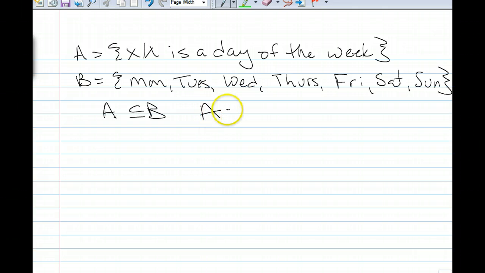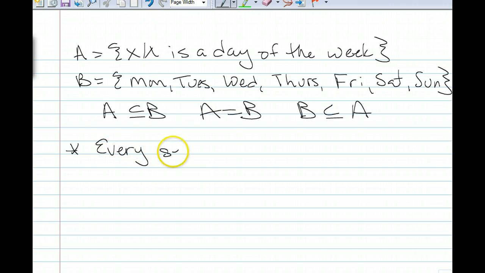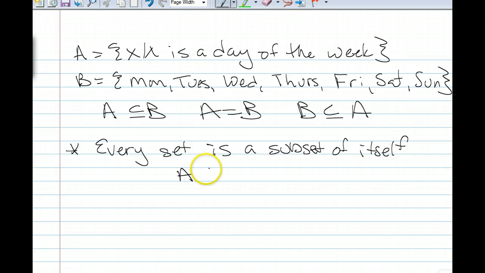We can also say that A is equal to B. When we talked about equality rules yesterday, they have the exact same elements in it. I could also say B subsets A, because they are equal. One other thing I could say is that every set is a subset of itself. So A is a subset of A.